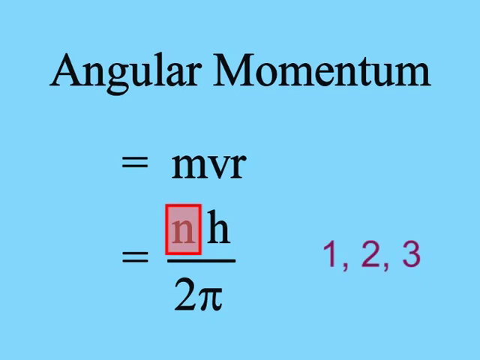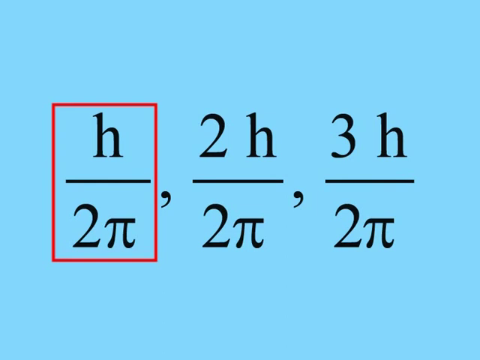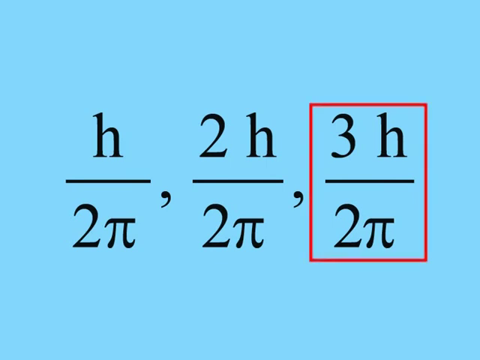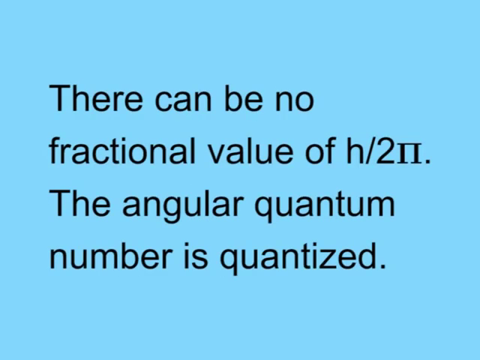On placing value of n equal to 1, 2, 3, etc., we get h upon 2 pi, 2h upon 2 pi, and 3h upon 2 pi respectively. The thing to remember here is that there can be no fractional value of h upon 2 pi. In other words, we can say that the angular momentum is quantized.